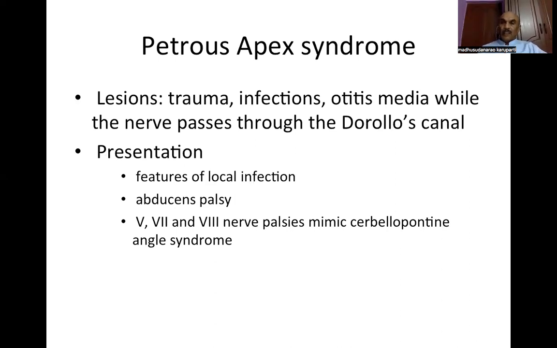When these cranial nerves are involved, it mimics cerebellopontine angle syndrome. But the difference is, in this particular syndrome, there is no involvement of long tracts. This has to be remembered. Because it is purely an extracerebral lesion, it does not affect the long tracts.